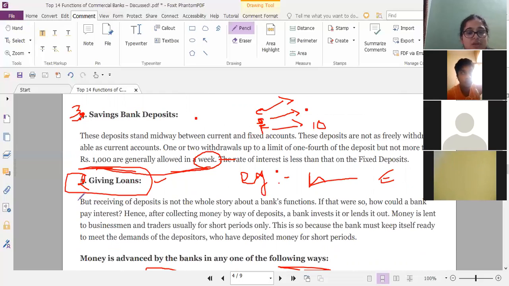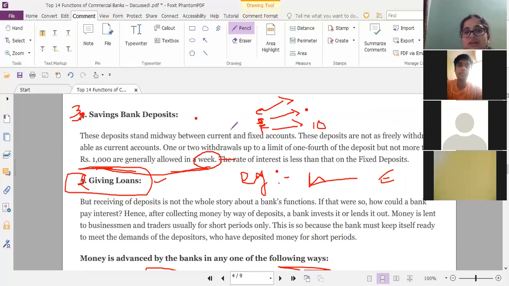Receiving of deposits is not the whole story about a bank's function. If that were so, how could a bank pay interest? If receiving deposits was the only function of a bank, from where would the banks get the money to pay interest on the deposits?